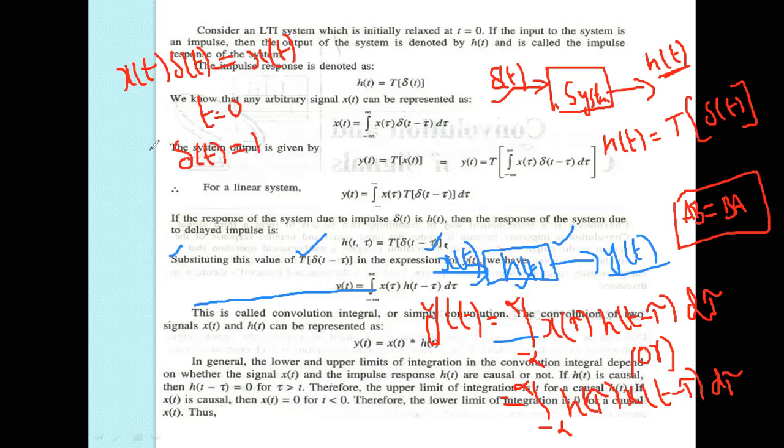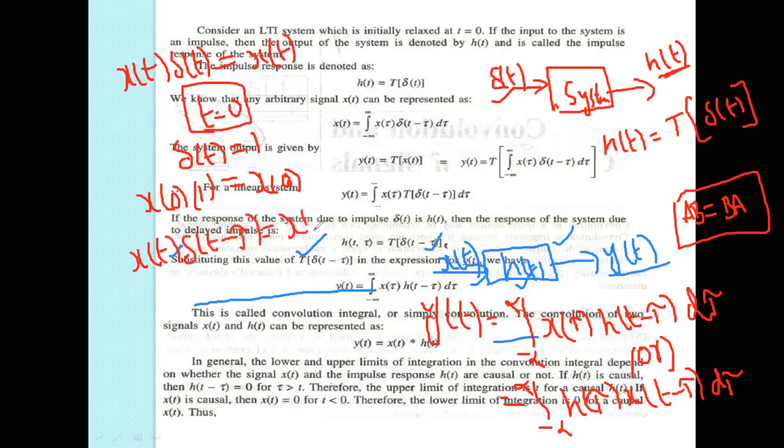Suppose the delta function is shifted: x of t delta of t minus tau is equal to x of tau.